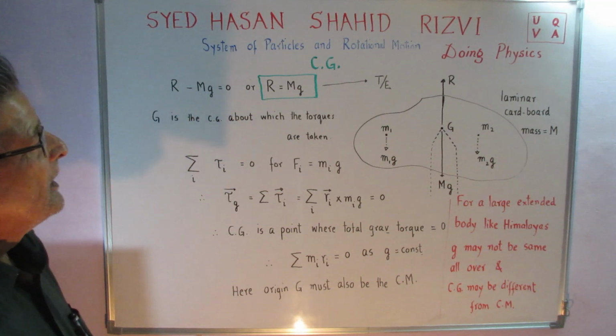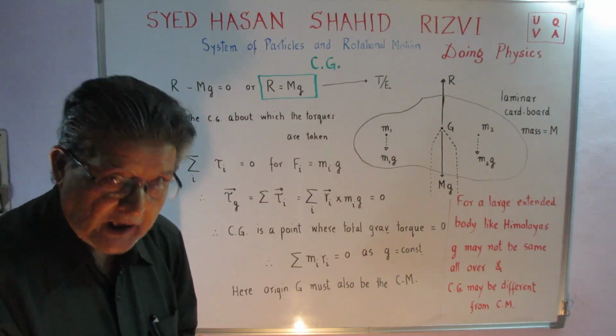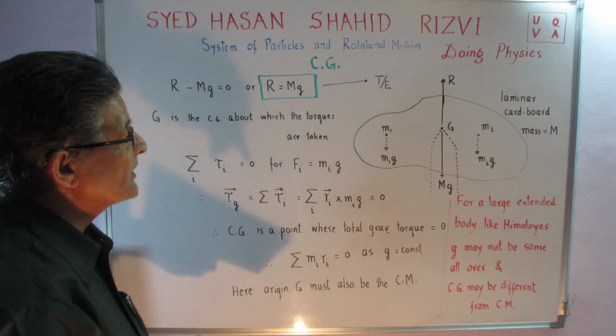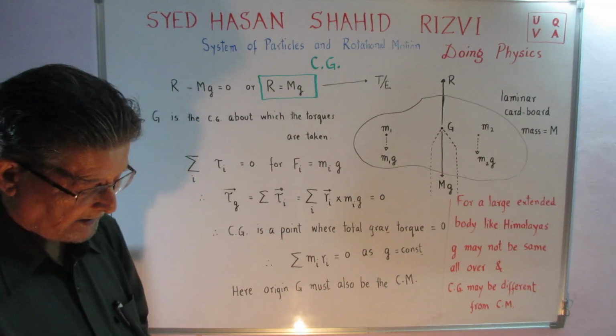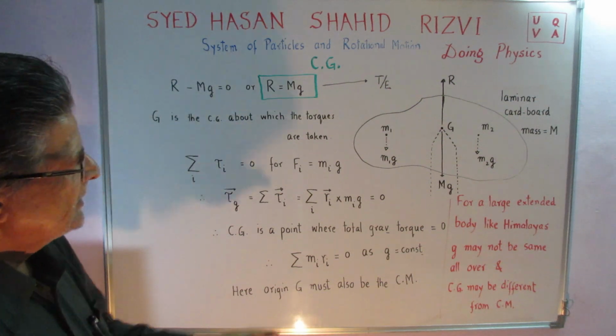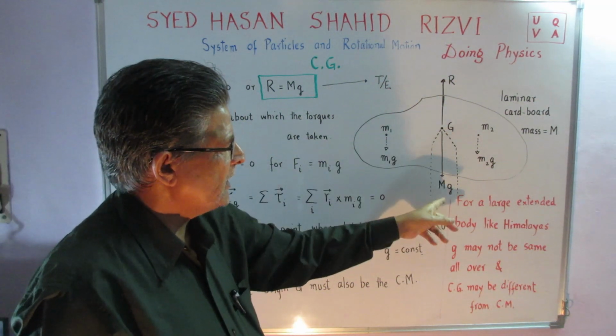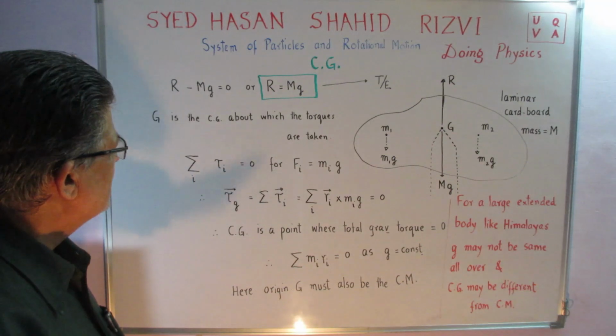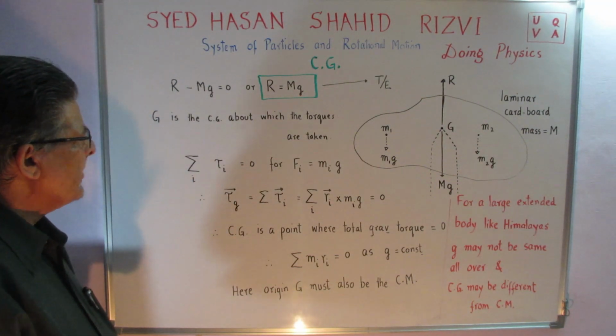Remember, they are not an action-reaction pair, because an action-reaction pair acts on different bodies. Right now, in this case, this force is acting on the same body as this force. So bear that in mind.